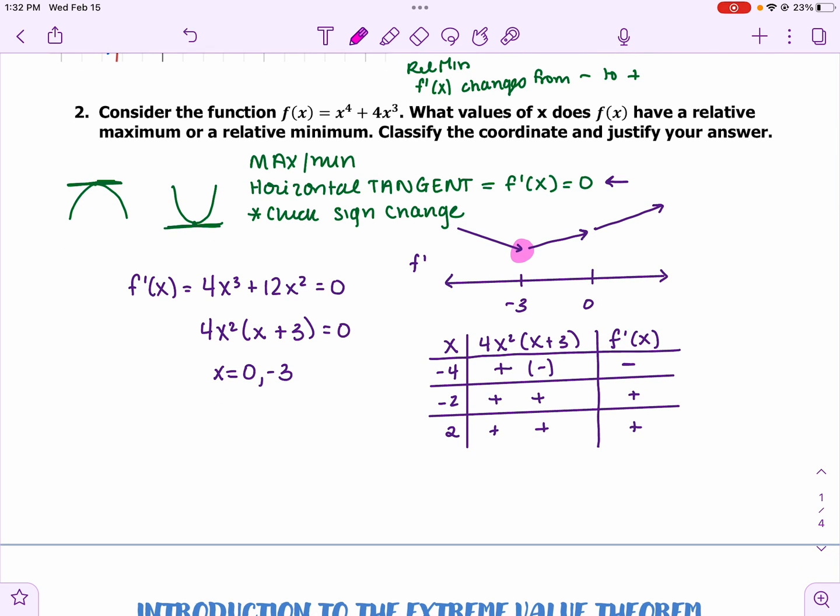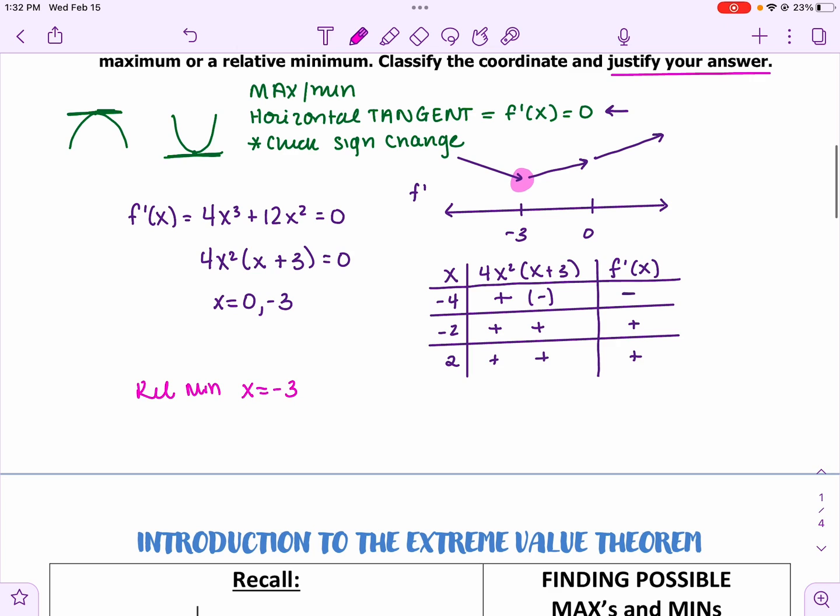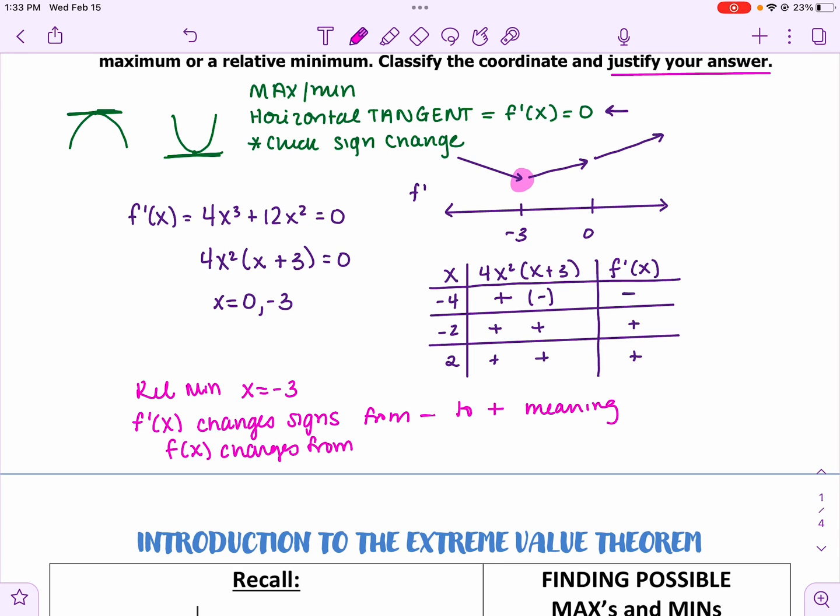And if I asked you to justify why we have a relative minimum at x equals negative 3, you're going to say, well, that's because f prime of x changes signs, more specifically from negative to positive, meaning f of x, the original function, changes from decreasing to increasing.